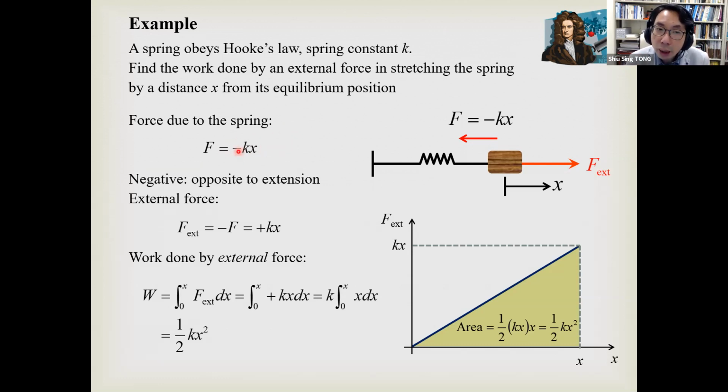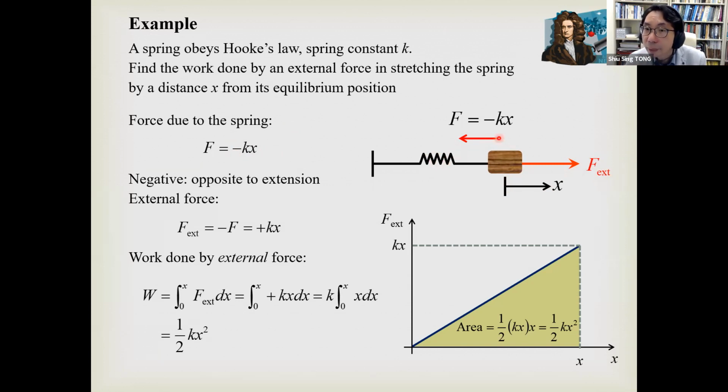Now we also include a minus sign here, because when we apply an external force, we put an object and we stretch the spring, and so the object moves a distance x along the direction of the external force.